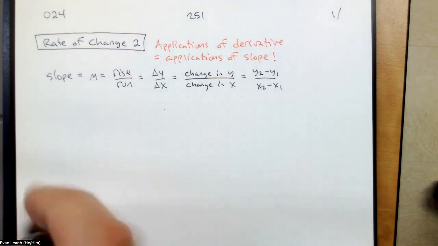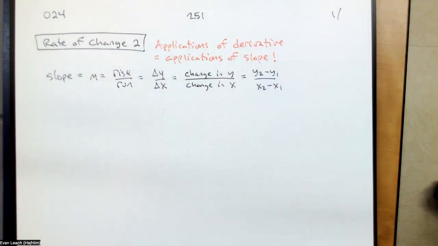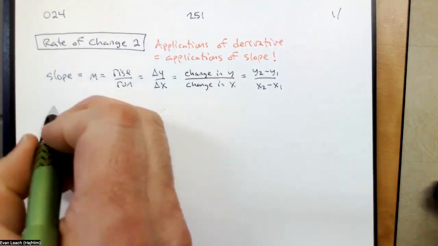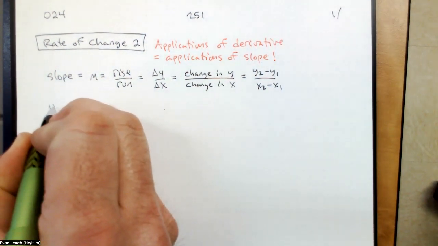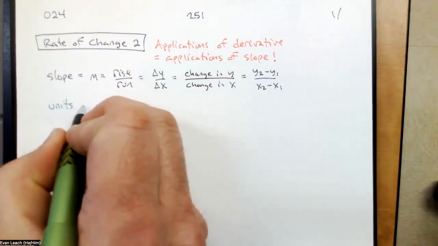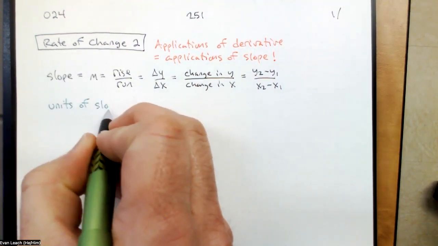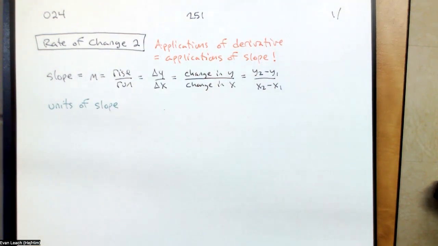So when we want to write down the units of the slope, the reason that we want to write down the units is because if we can write down the units for something that we're measuring, then we can see what we're measuring. If we're not sure what this particular calculation is going to produce, we could write down the units of what's going on, and that will give us a clue as to what we are actually measuring.